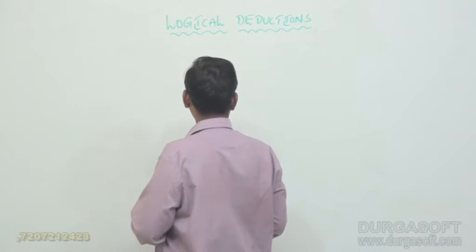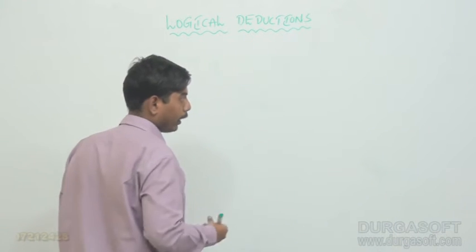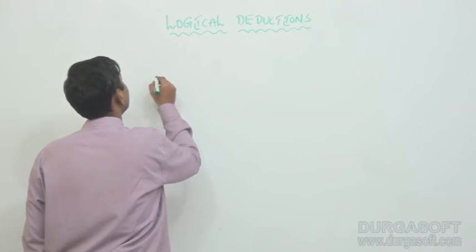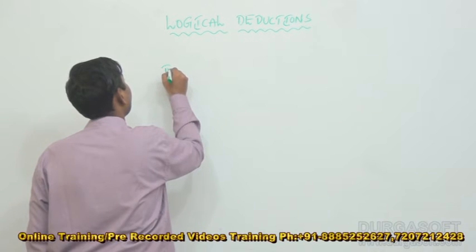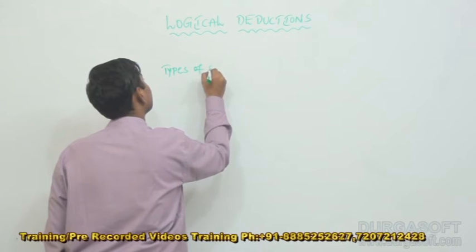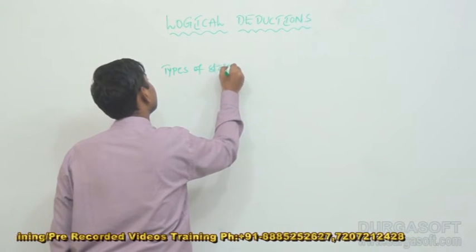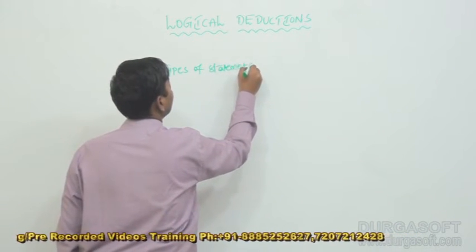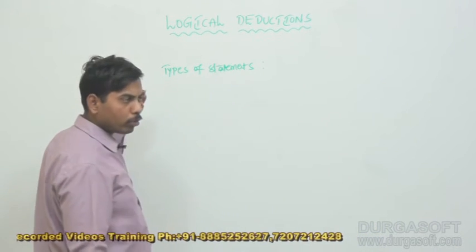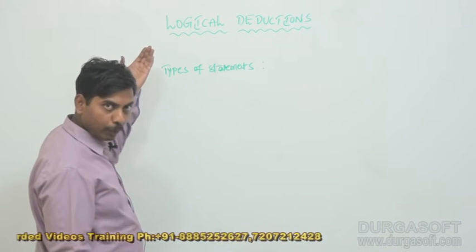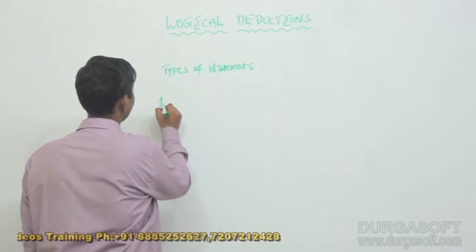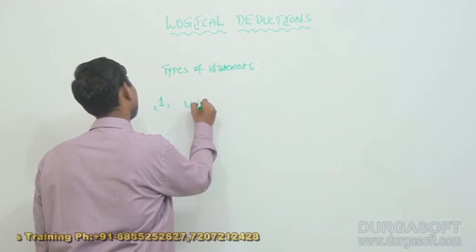Types of statements. We have a total of 4 types of statements in this topic. First one is universal affirmative.